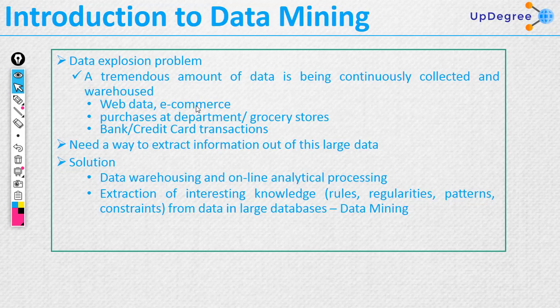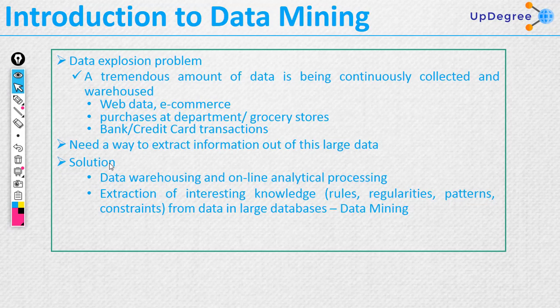There are many different kinds of data, such as purchases at department and grocery stores, and bank and credit card transactions. That creates a gigantic amount of data. So we need a way to extract information from this large data. Depending upon the user's query and the pattern of the data, the query has to be answered, and notifications and suggestions for decision making will also be obtained from data mining.